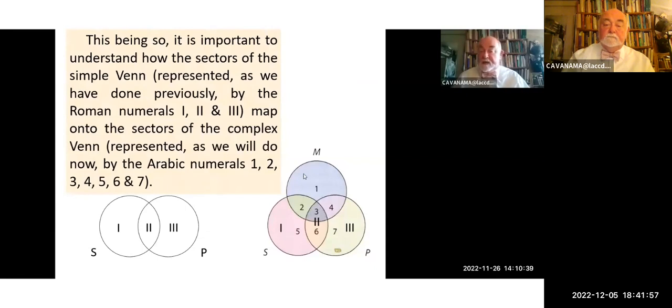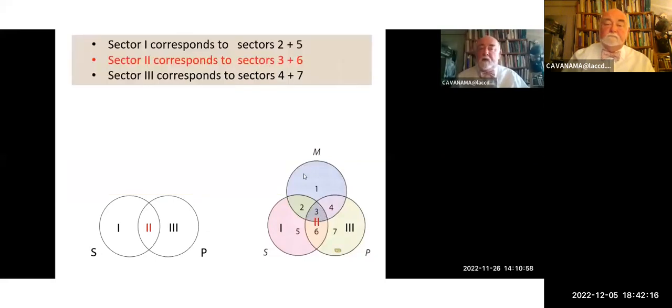Roman numeral 2 sector is actually Arabic numerals 3 and 6, and the P, Roman numeral 3, is 4 and 7. And sector 1, because it's only in the M circle and not in any of the others, would not have appeared, so it's not part of any of the Roman numerals. So sector 1 corresponds to 2 and 5. Sector 2 corresponds to 3 and 6. Sector 3 corresponds to 4 and 7. Roman numerals to Arabic numerals.